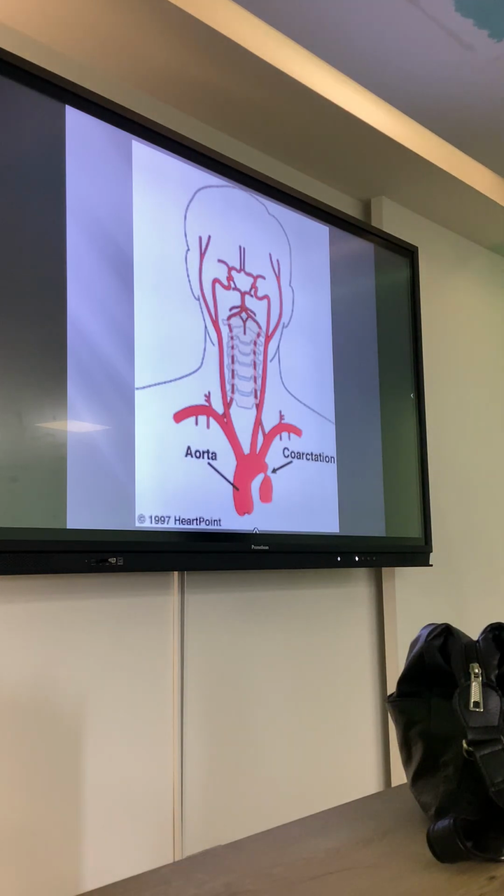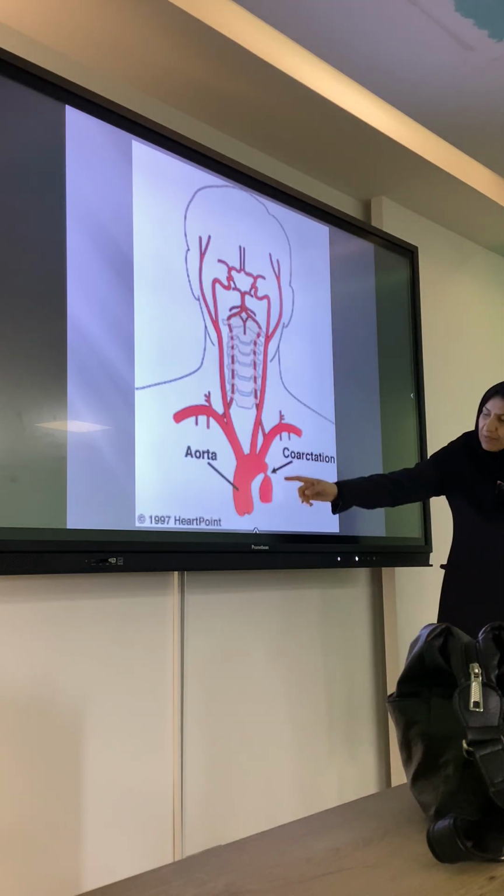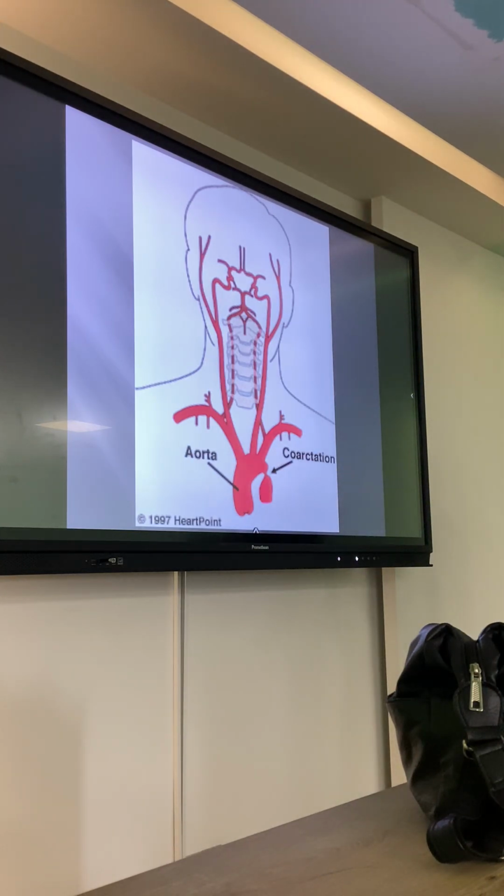No, we didn't have cyanotic. The blood tries to go up to the limb. They are pale, not cyanotic. The blood pressure goes up in the upper body and decreases in the lower limb. It is not a cyanotic heart disease.